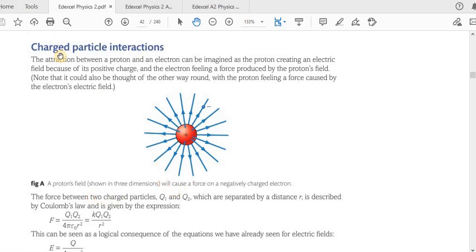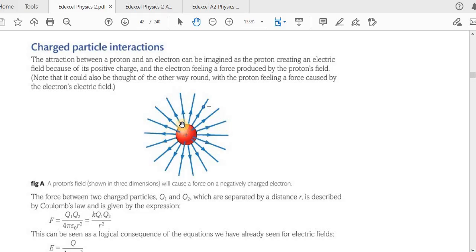Alright, so let's go through this. The attraction between a proton and electron can be imagined as the proton creating an electric field because of its positive charge. Now you have learned that the electric field lines point away from the positive charge and they point towards the negative charge.